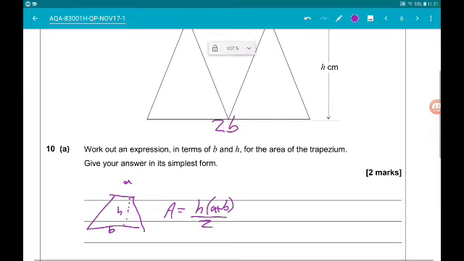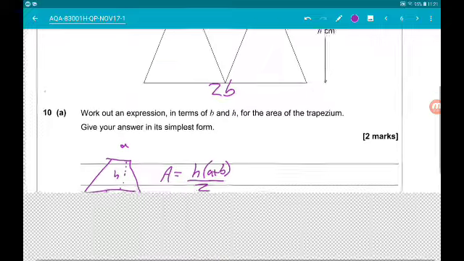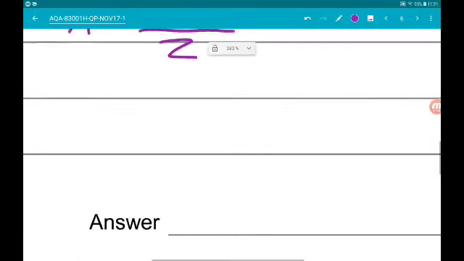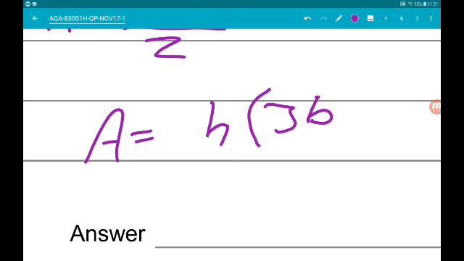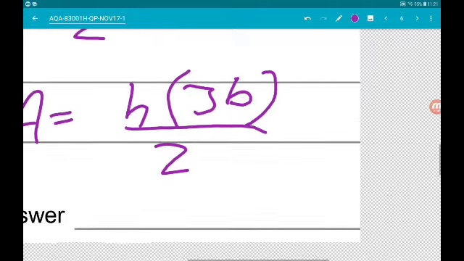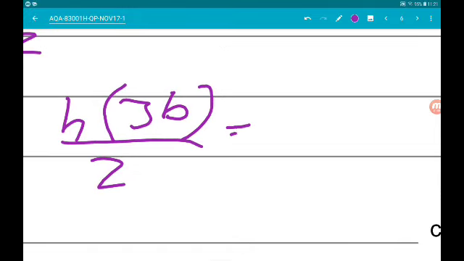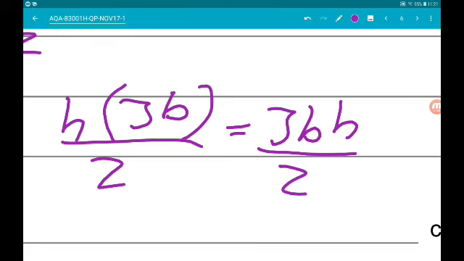So the area of this guy is going to be h times b add 2b, so 3b, all over 2. Now that we can then say is 3bh over 2. Cool.